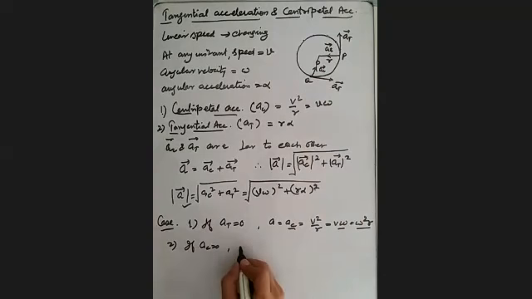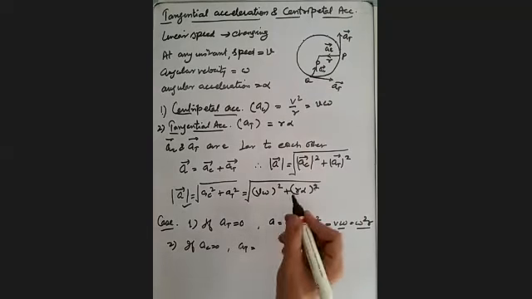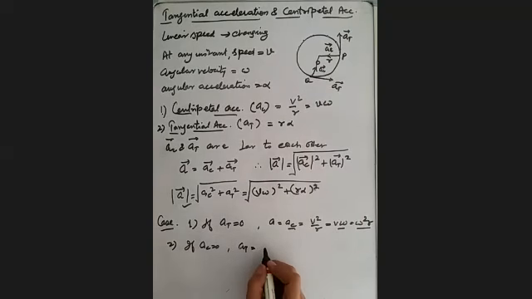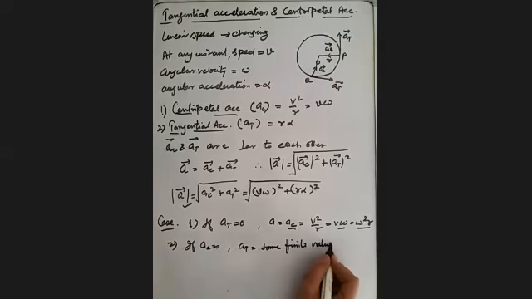So AT will have some finite value. The acceleration acting will now be only tangential acceleration, and the particle will accelerate along the tangent to the circular path, given by alpha R.